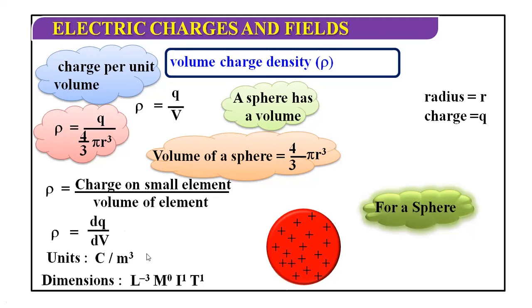In dimension formula, Q is written in terms of current multiplied by time. So current is I raised to the power 1, time is T raised to the power 1, there is no mass, and volume is L into L into L, so length cube, it is in the denominator. When it goes to the numerator, it becomes L raised to the power minus 3.